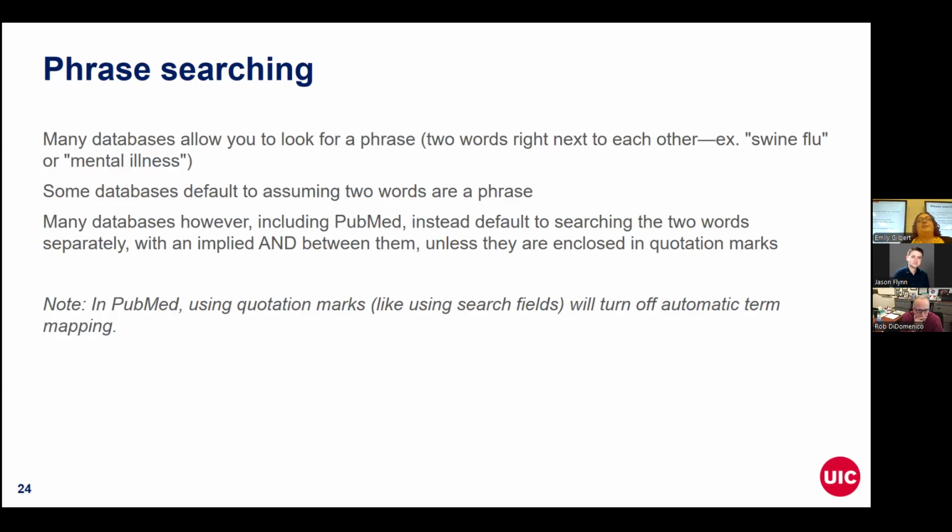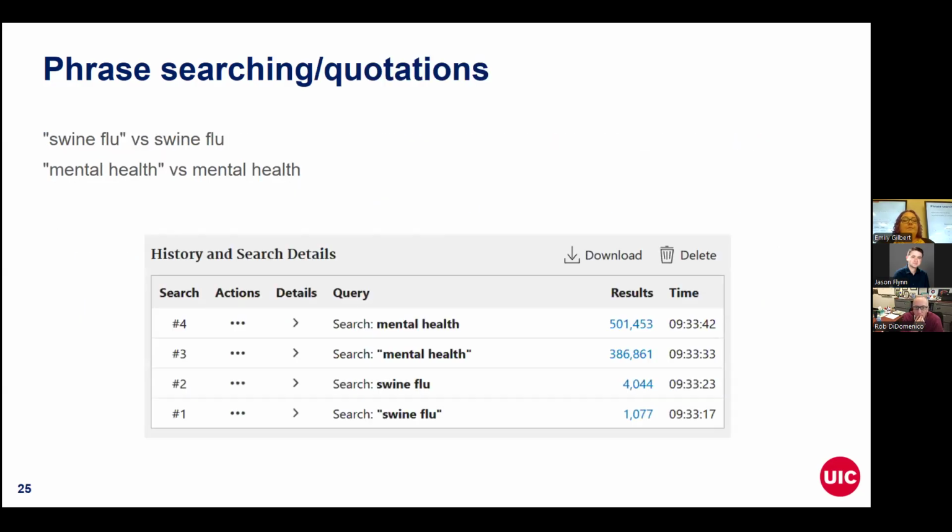So, like using search fields, if you're using quotation marks in PubMed, that will turn off the automatic term mapping. So you can see the difference here when we search swine flu without quotation marks, and with quotation marks, we get 3,000 less when we search with the quotation marks.